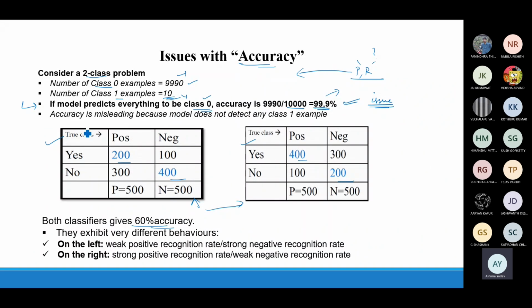On the left side, the positive recognition rate is less, whereas in the other case the positive recognition is more. Similarly, in this case the negative recognition rate is high, and here it is less. So if we use precision and recall in both these cases, we will get different results for both positive and negative classes.